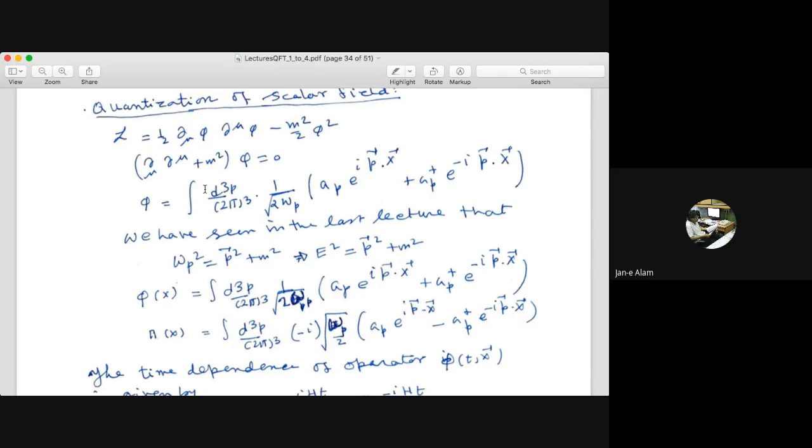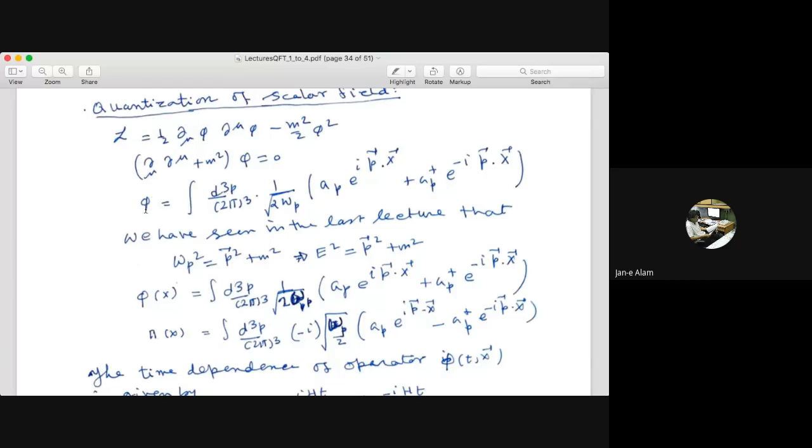And then, by analogy with the harmonic oscillator, there the dynamical variable x I was able to write as 1 over root 2 omega times (a plus a dagger). Here my dynamical variable is phi, so it is also written as 1 over root 2 omega times (a plus a dagger).